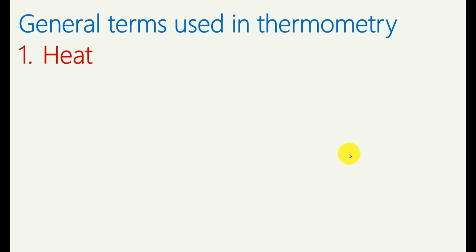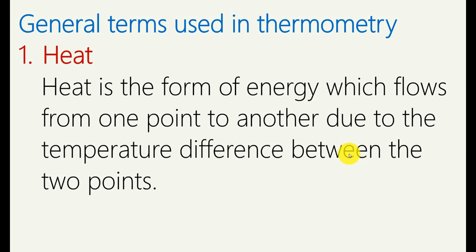The first one is heat. You may be asked to define heat. Simply, we define heat as a form of energy which flows from one point to another due to the temperature difference between the 2 points. So it's a form of energy, and it always flows from one region to another.